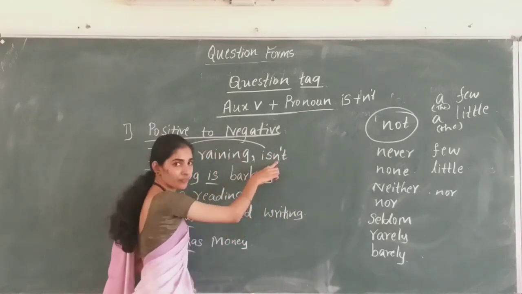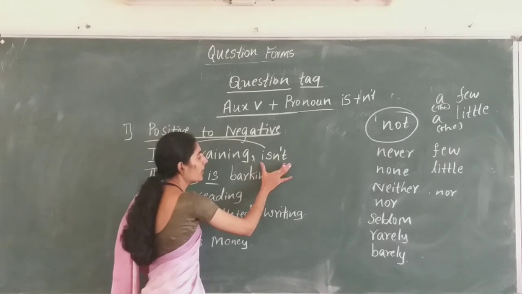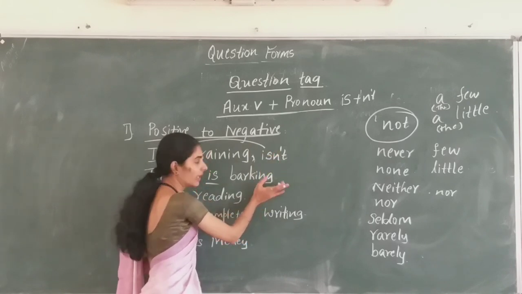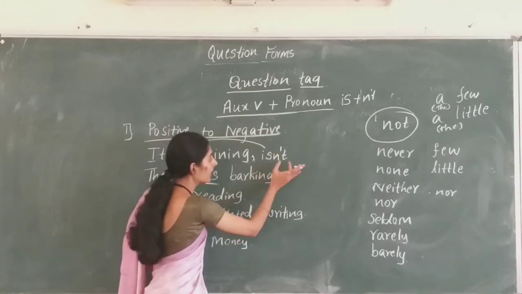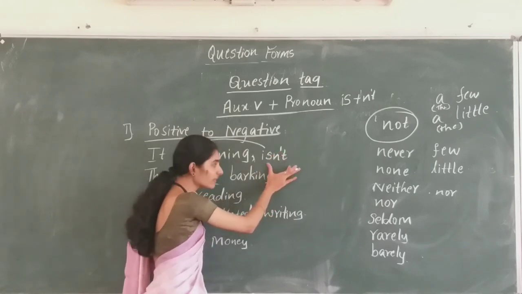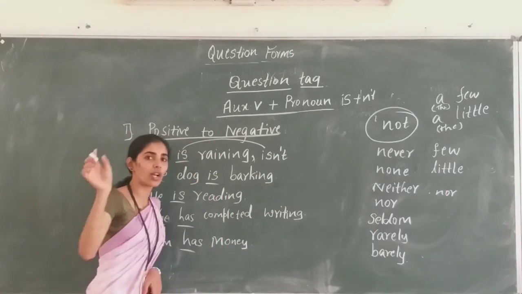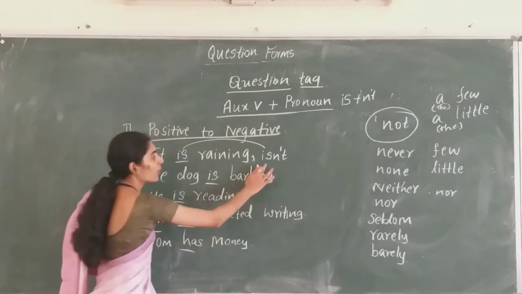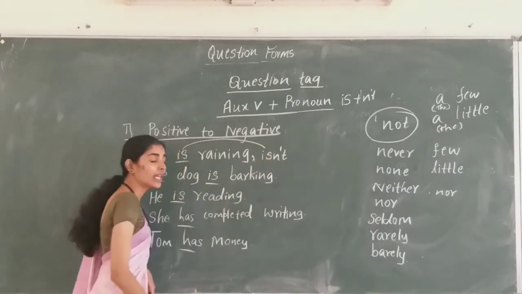This is the format for all question tags: write the helping verb and then n't. Isn't. You should not write is not; that is wrong. And this apostrophe is again important.